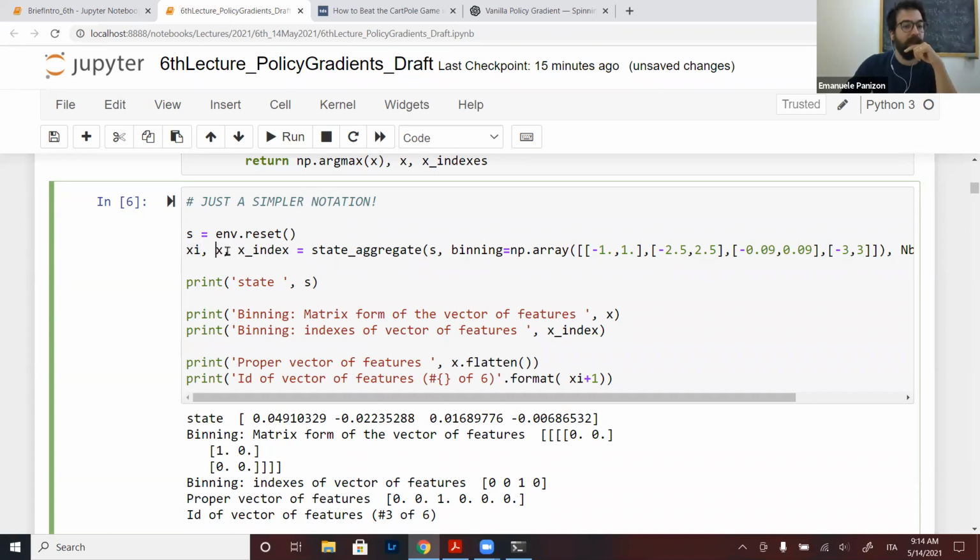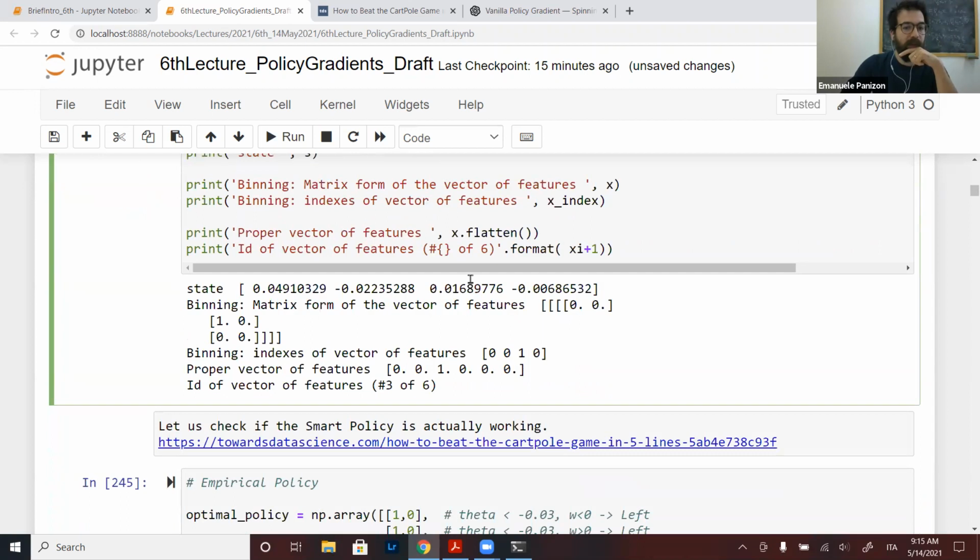The second one is x, which is in a sense the proper vector of features. So it's a vector with 0 everywhere and only 1 where we are, which is the true vector of features, because the vector of features has the dimensions of x, and then the x index was what we used the last time.